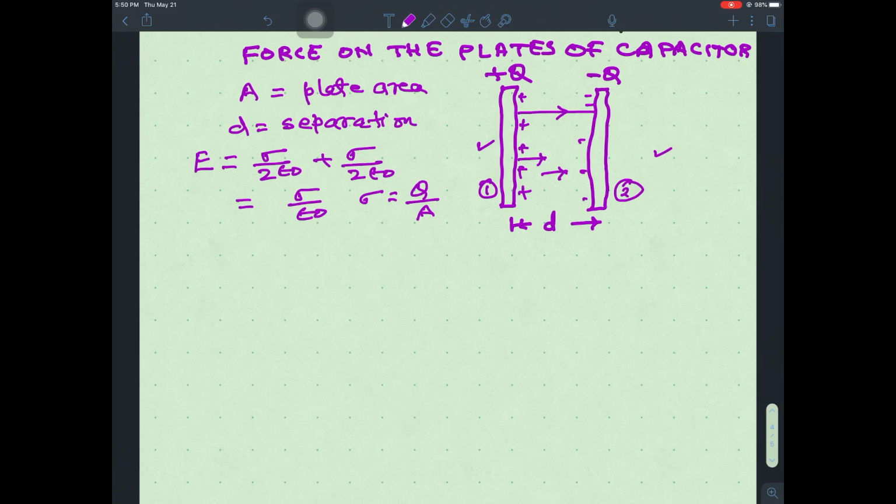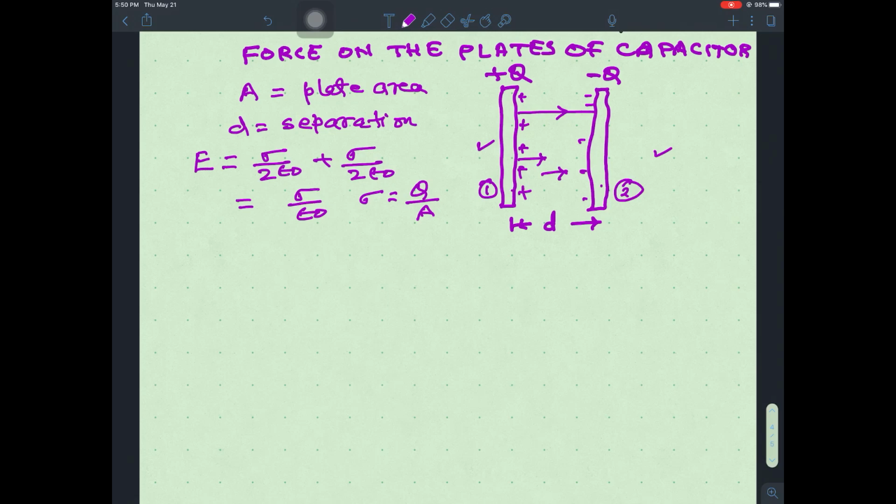Sigma is equal to charge per unit area. So it is sigma by epsilon naught. Now whenever a charge is kept in an electric field, it experiences force. Plate 2 is in the electric field of plate 1 and plate 1 is in the electric field of plate 2. Plate 1 will also have its own electric field, but the charge on plate 1 will not experience force due to the electric field of plate 1. The charge on plate 2 will not experience force due to the electric field of plate 2.